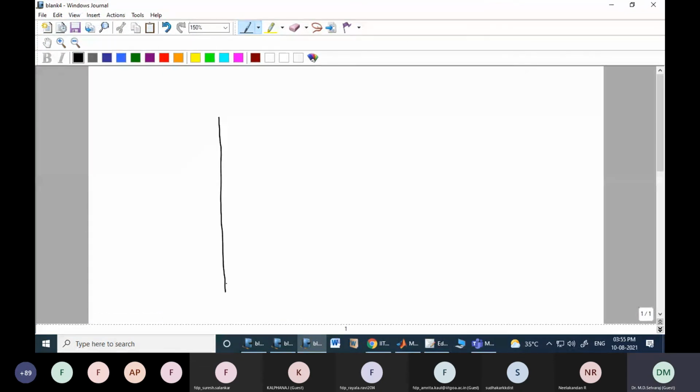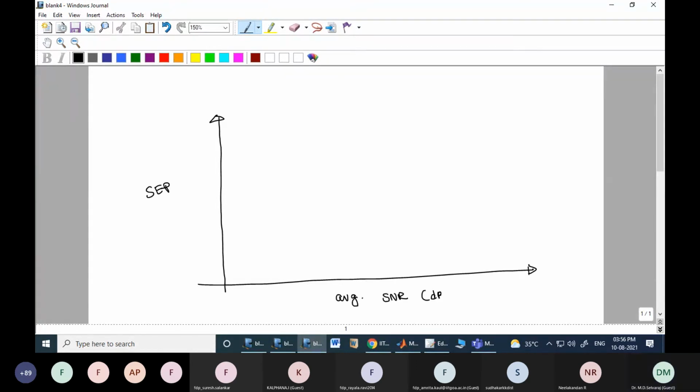The y-axis is going to be symbol error probability, and the x-axis is going to be average SNR measured in dB.